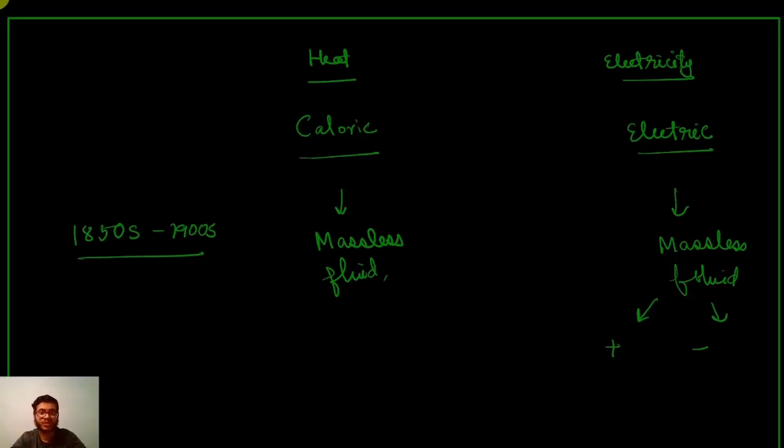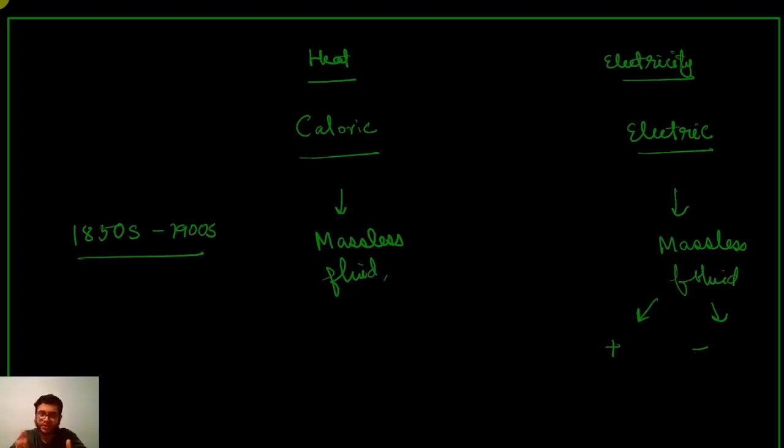Similarly, caloric was thought of as a fluid, and when you touch a hot body to a cold body, the fluid flows from the higher region to the lower region. That was the theory we had about heat and electricity.